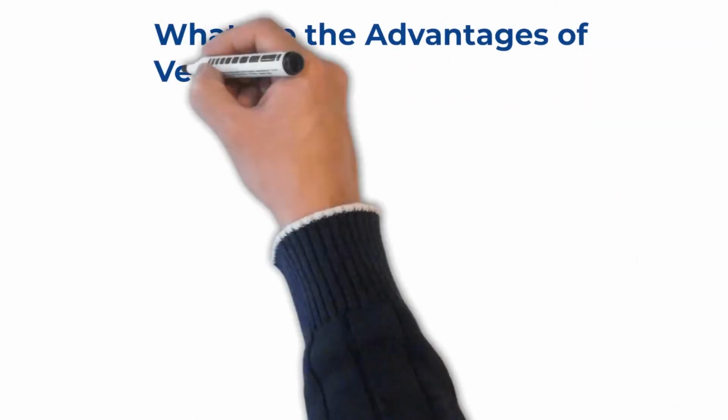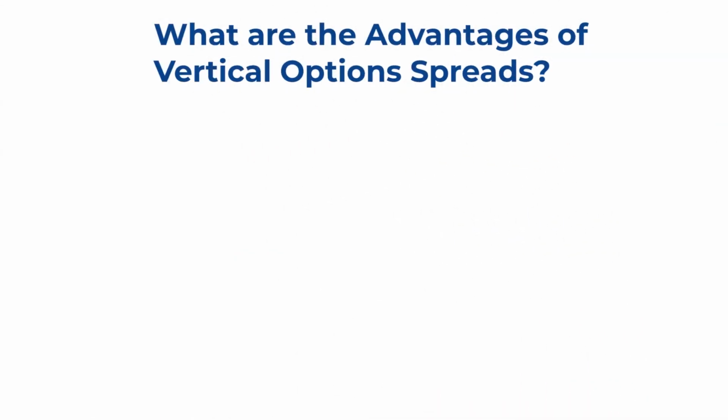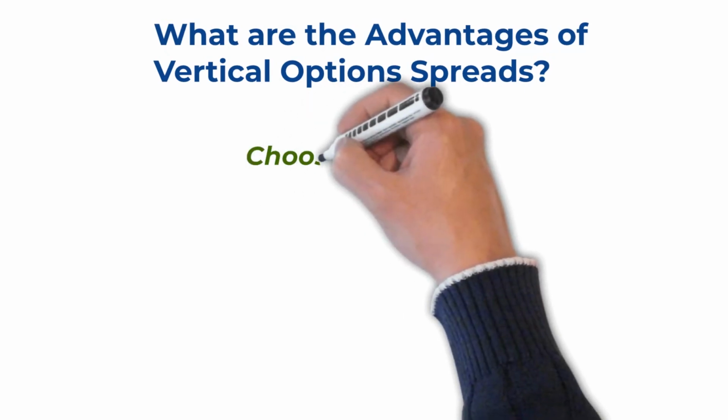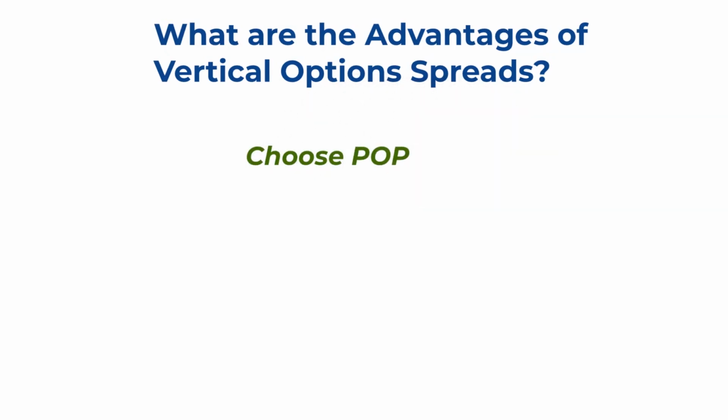What are the advantages of vertical option spreads? Let's take a look. First, we can choose our probability of profit. The probability of success is directly tied to the risk. So if we are super confident a stock will go up in price and we want to collect a little more premium up front, we may choose to only have a 60% probability of profit.